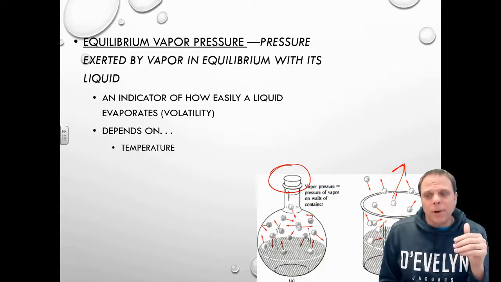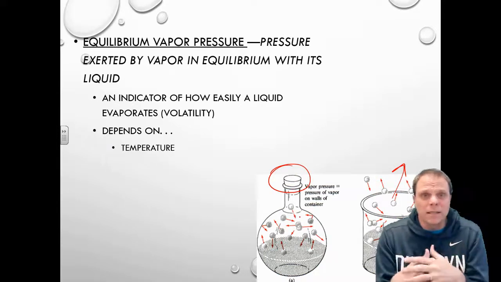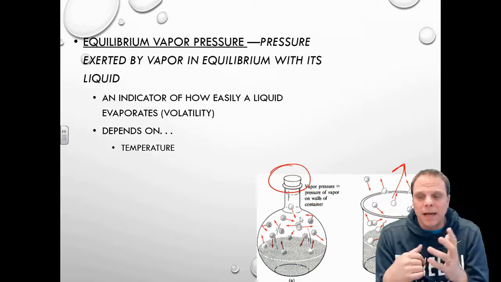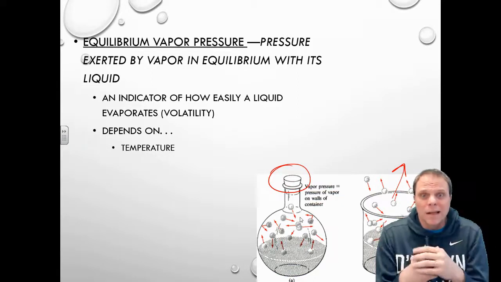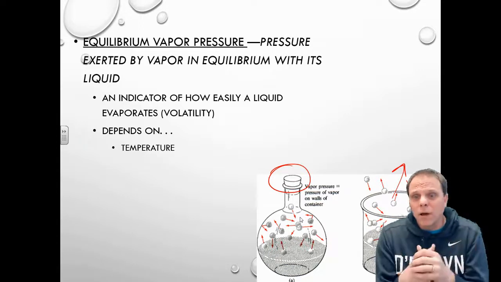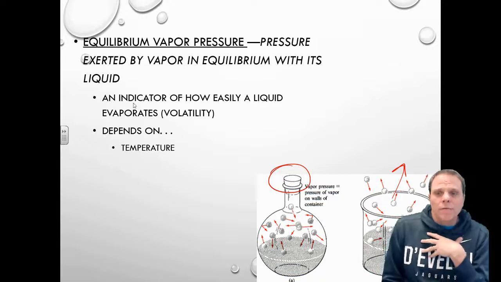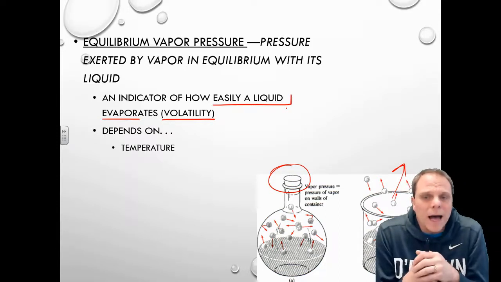If I have a really volatile liquid, a liquid that evaporates really easily, like gasoline, then you're going to have a higher vapor pressure. Whereas if you have something like mercury, which doesn't allow many particles to escape at all, you have a really low vapor pressure, okay?